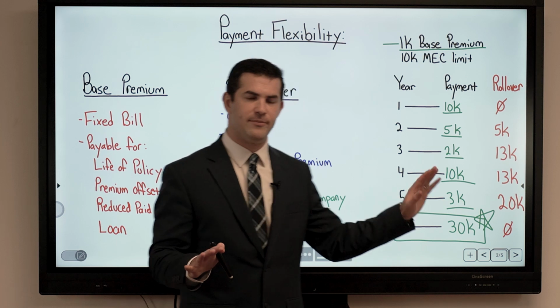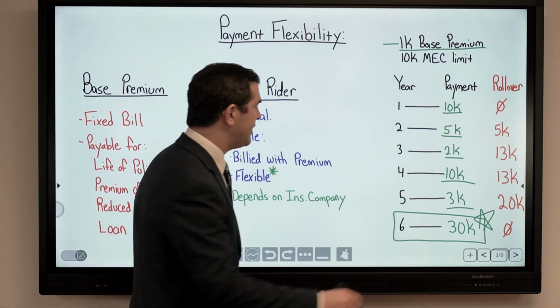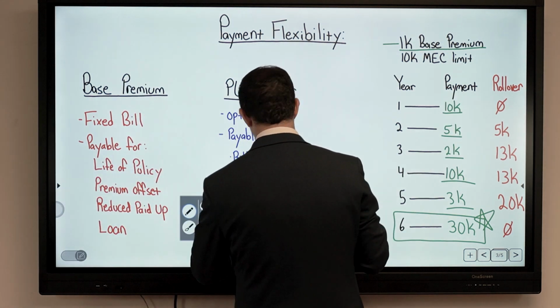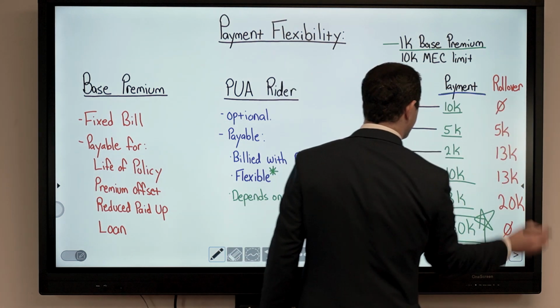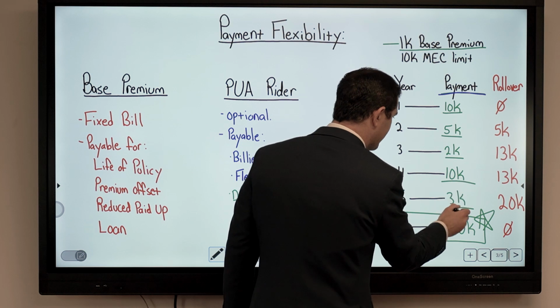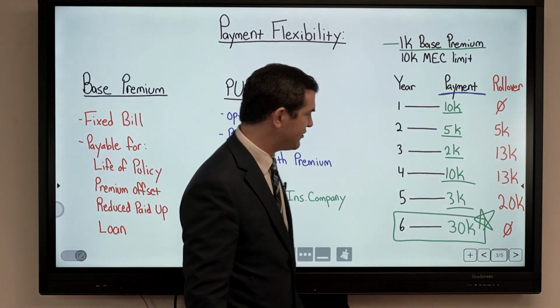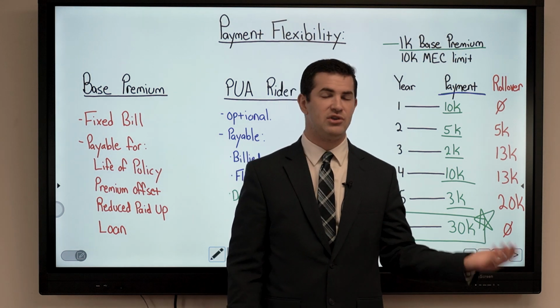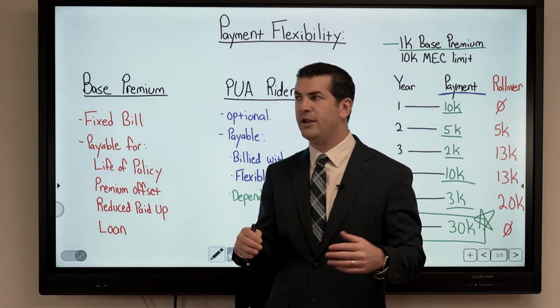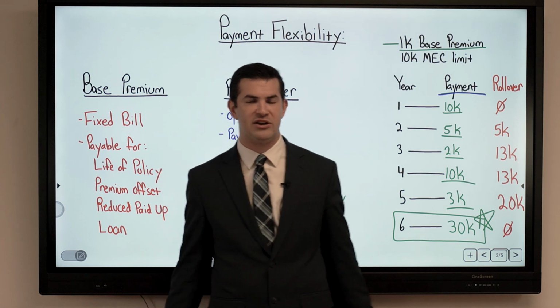The main point that I'm trying to demonstrate here is, here's my net out of pocket. Under payment, 10K, 5K, 2K, 10K, 3K, 30K. And if it's a smaller number, that can be several $100s. If it's a larger number, we can add a zero or two. Point being, we can design a policy to be very flexible.